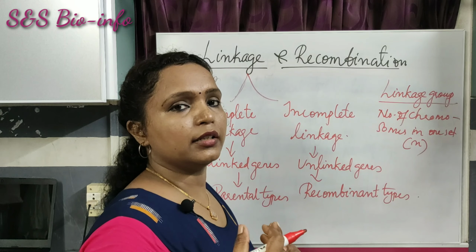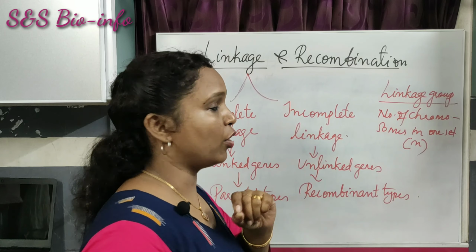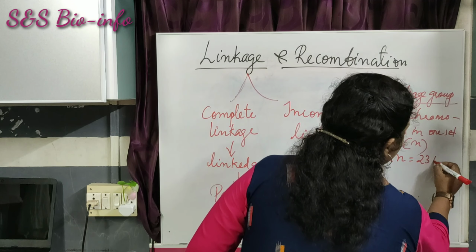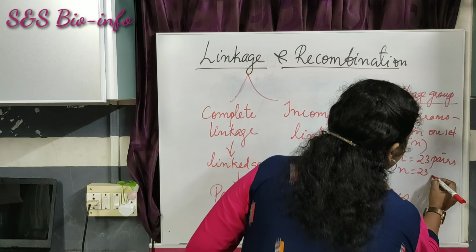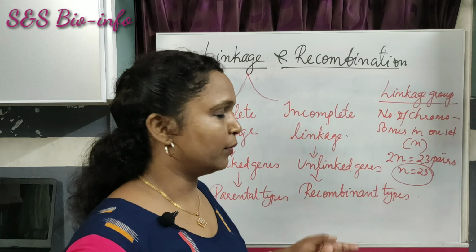We all know that human beings have 23 pairs of chromosomes. We are a diploid organism, so the 2n set of chromosomes is 23 pairs in human beings. So n is 23. This is the linkage group of human beings.